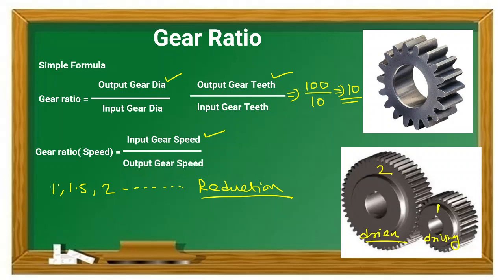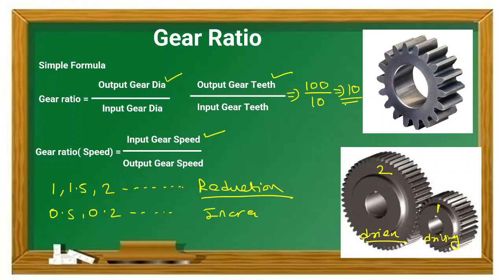Not for 1, but if it is greater than 1. When it's smaller than 1, that is 0.5, 0.2, anything, that is in the decimal terms, it is known as an incremental gear ratio. This is the reduction gear ratio, and this is the incremental gear ratio.